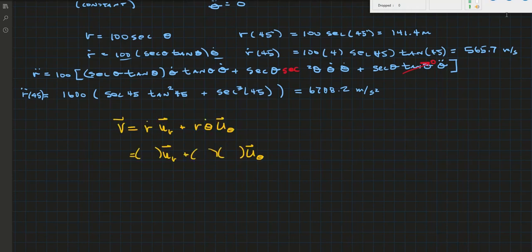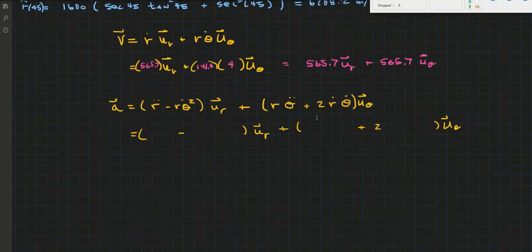So here we are with our relationships, and I will just grab values from above. These are the values for the particular coefficients, and we can simplify this to just 565.7 in the r direction plus, strangely enough, 565.7 in the theta direction. And for acceleration, again, it is plug and chuggable.